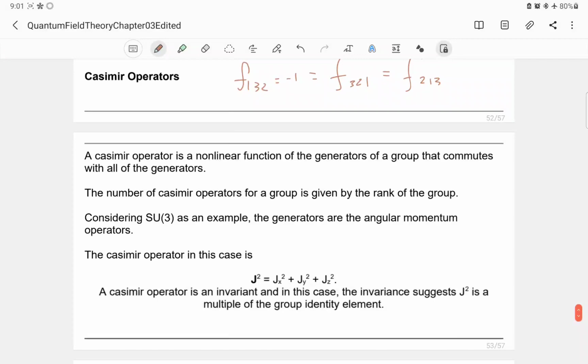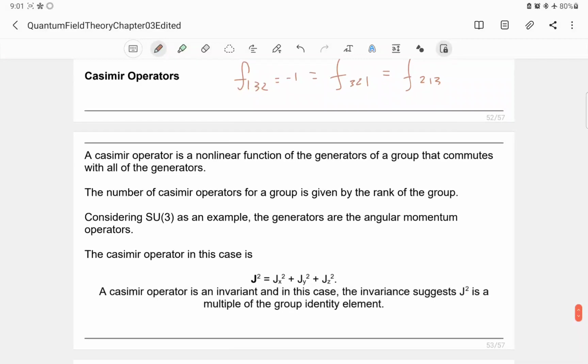So we'll now go to the Casimir operator. This is a nonlinear function of the generators of a group that commutes with all the generators. The number of Casimir operators for a group is given by the rank of the group. So for example, SU2 would have 1 Casimir operator, and SU3 would have 2 Casimir operators.